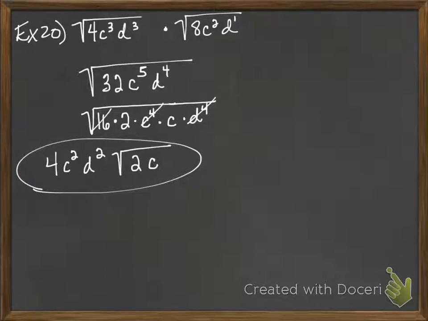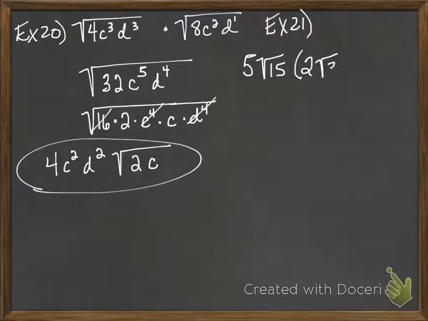All right. Last example coming up, 21. I'll squeeze 21 in right here. All right, we've got 5 square root of 15, parentheses, 2 square root of 3 plus 4 square root of 5.